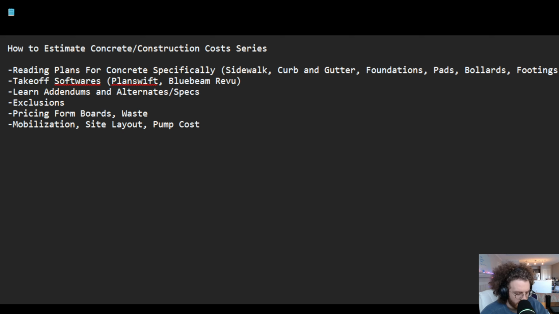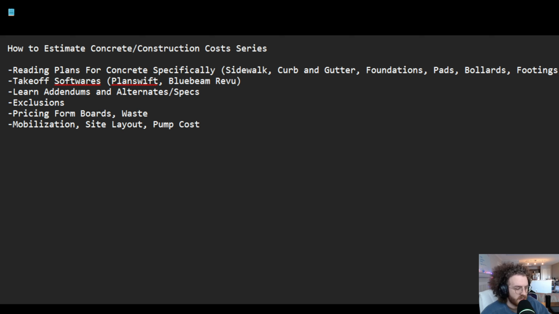Addendums are documents that are released after the initial invitation to bid has been sent out for a project. So an addendum is something where the architect or the owner or a general contractor might say, "Hey, Mr. Architect, this in the plans doesn't make sense, or in reality, it's not going to work. So you need to change that."